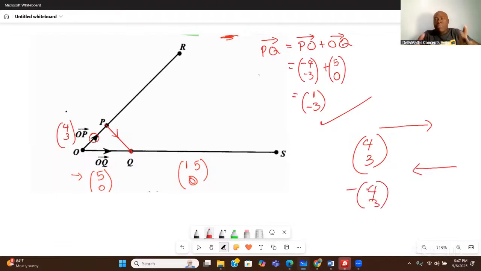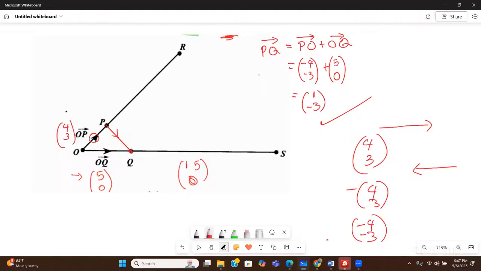Everything remains the same, but their signs change. So we would have ended up with -4 at the top and 3 at the bottom. The sign changes, nothing else. There is no flipping of anything, only the sign changes. Are you good with that? Yes, sir, thanks. All right, good.